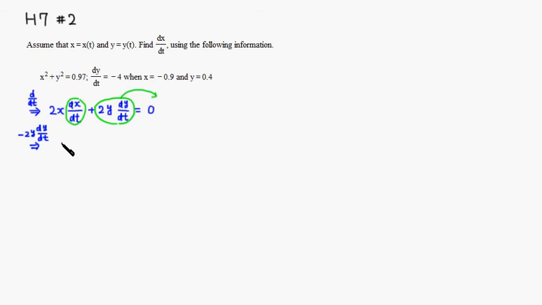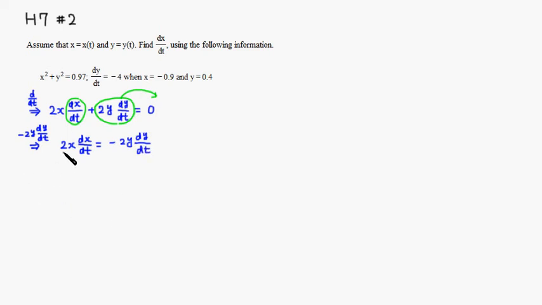So we still have 2x dx over dt is equal to, and this is going to go to the other side, so it's going to be negative 2y dy over dt.